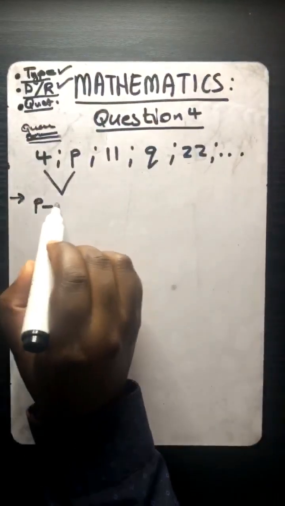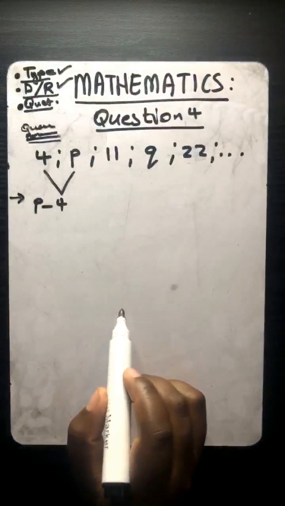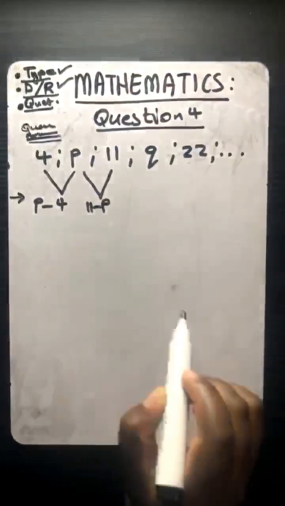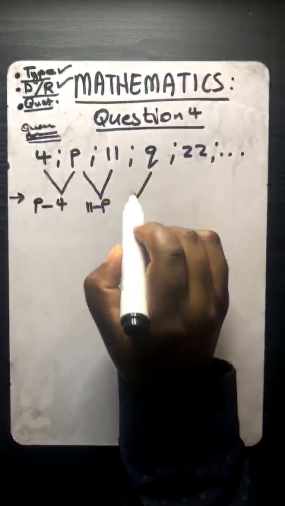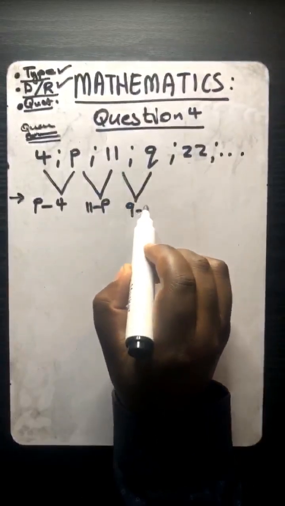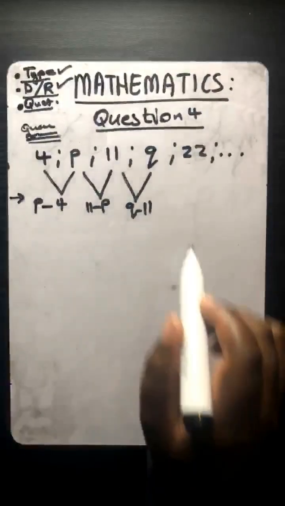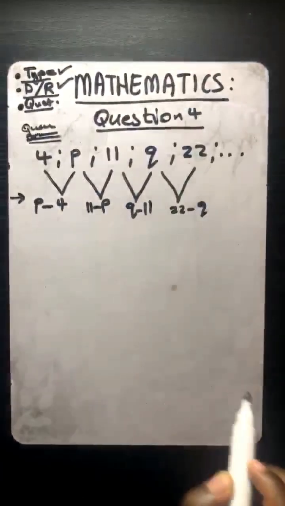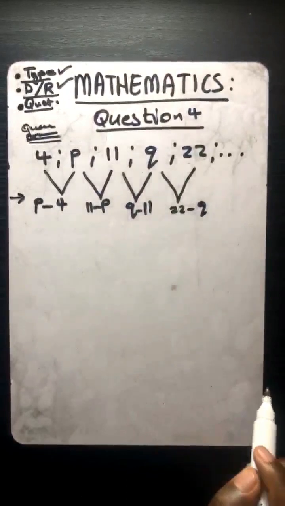Obviously, it's P minus 4. That minus that is 11 minus P. That minus that is Q minus 11. And then lastly, you've got 22 minus Q. So those are the differences that I'm referring to.